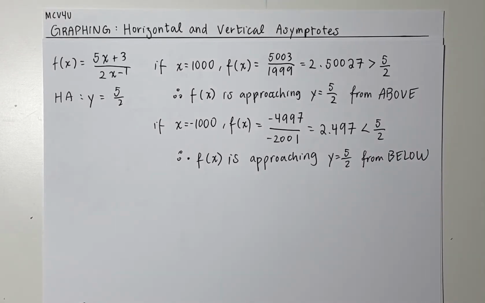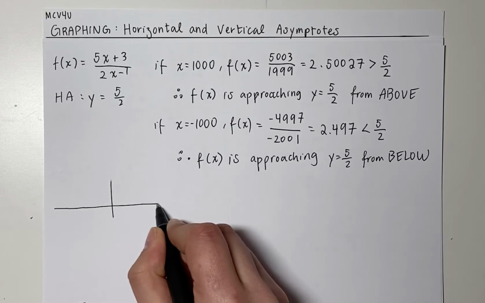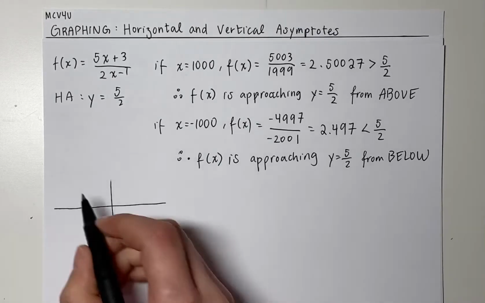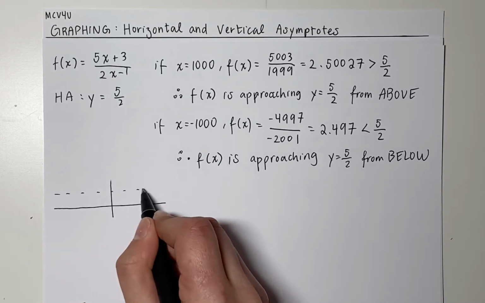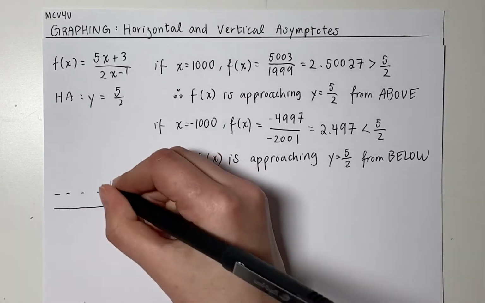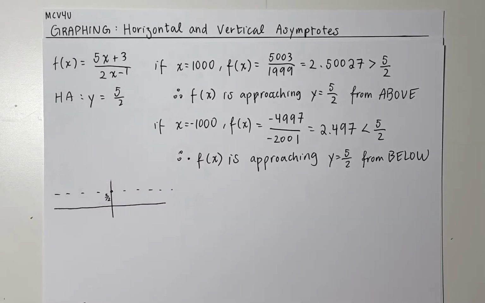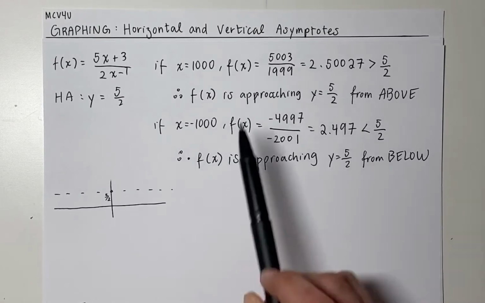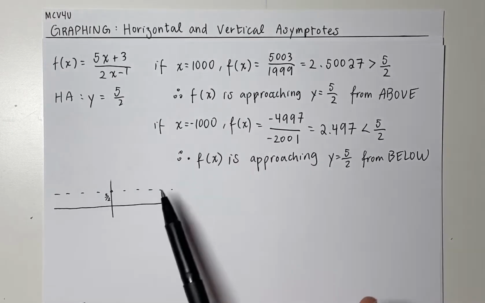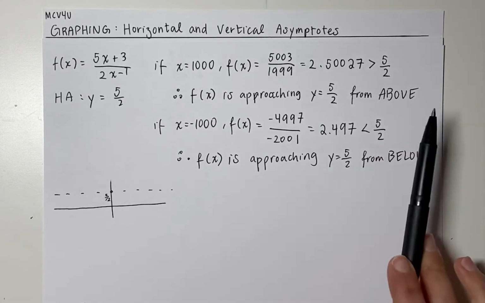If you're having a hard time understanding this and you need a visual representation, say we have our graph right here and our horizontal asymptote, let's say this point is 5 over 2. Then as we approach positive infinity, where we got x equal 1,000, f of x is approaching the horizontal asymptote from above.